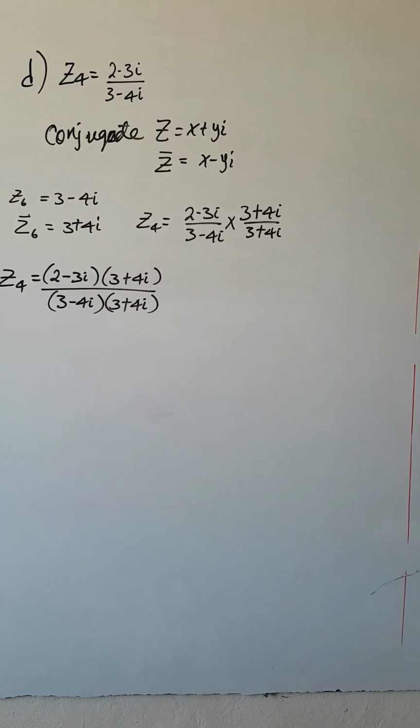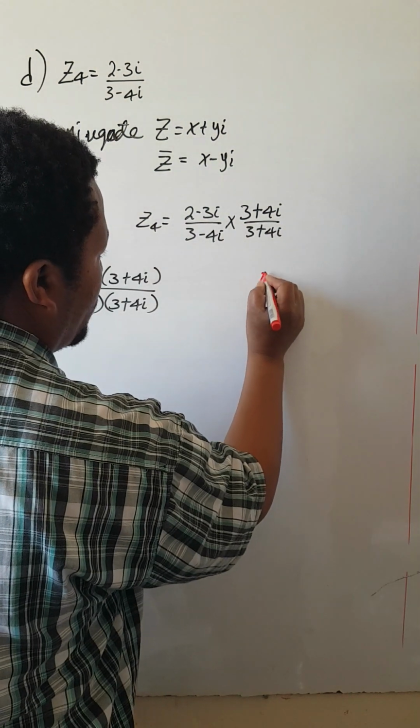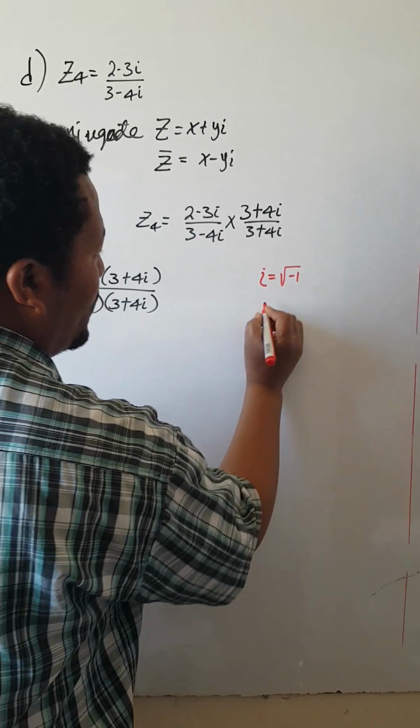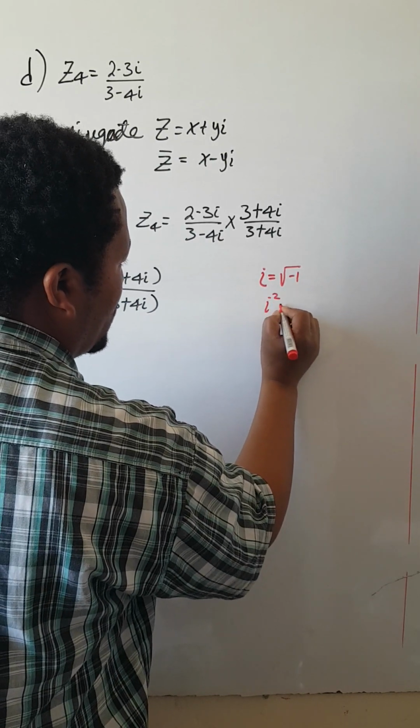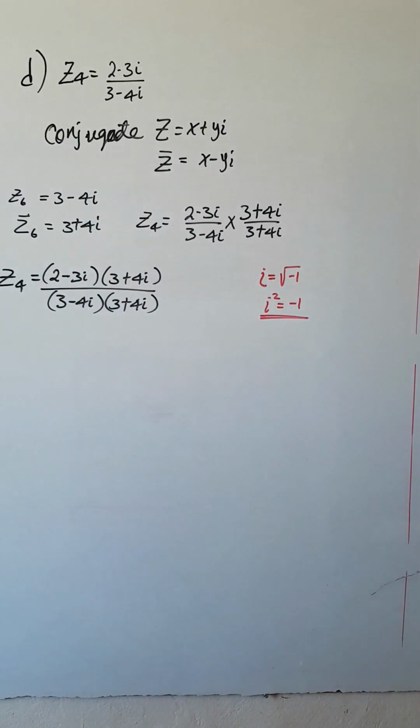In multiplying complex numbers, the basic thing you have to remember is that the complex number i is equal to the square root of negative 1. Then i squared is equal to negative 1.